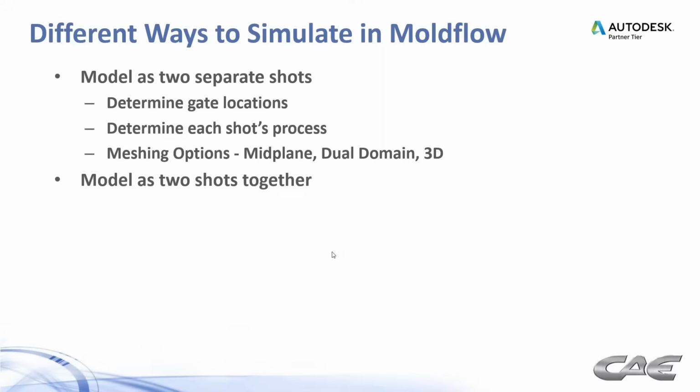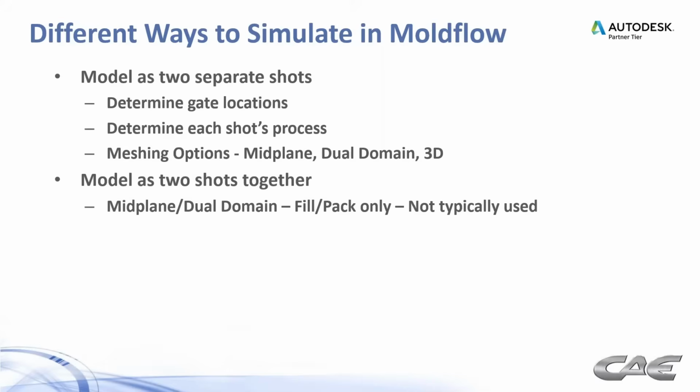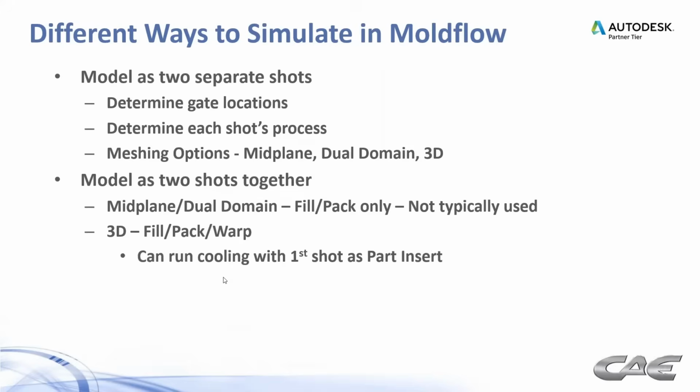We can model the two shots together. And again, midplane and dual domain, if we use those, we can only do that with fill and pack, and that's not typically what we're going to use those for. So we typically rely on a 3D model when we're going to model the two shots together. We can do it with just fill pack warp. That's the traditional way.